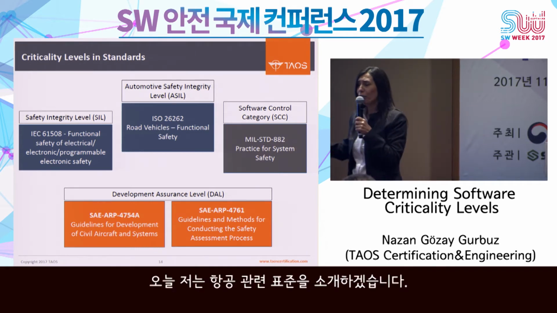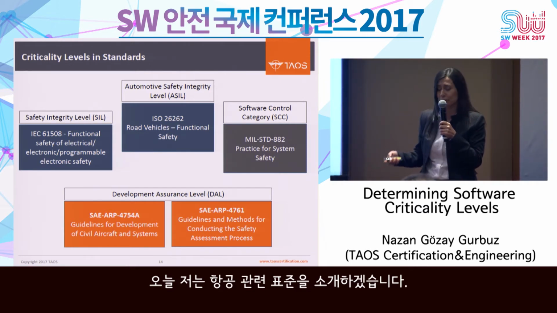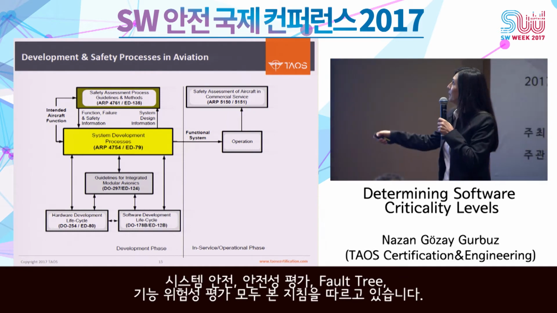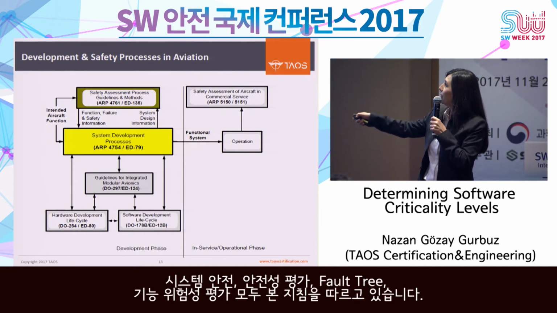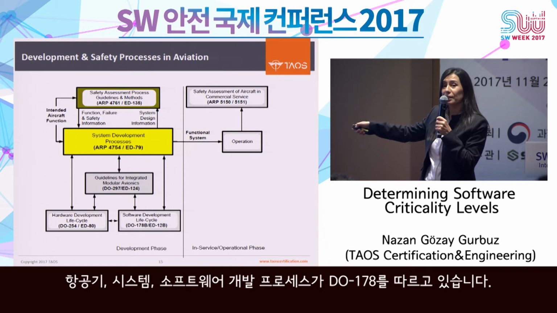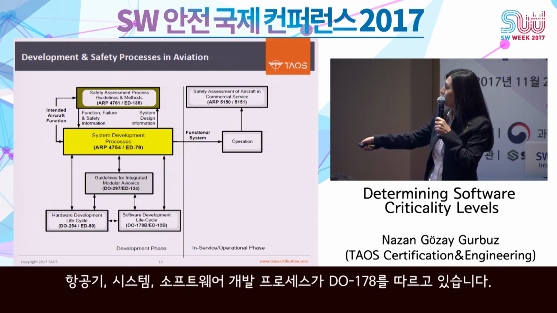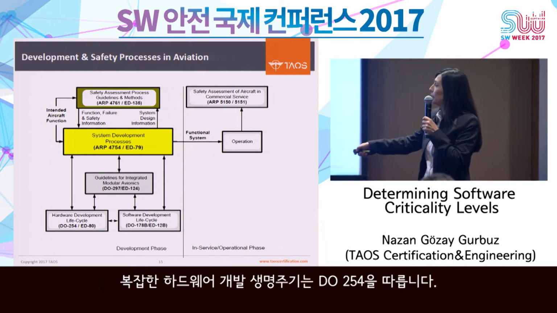Today, I will talk about aviation best practice. Here is a connection: system safety, safety assessment, fault trees, and functional hazard assessment identified by these guidelines. And the system development process: aircraft and system development process, the software development lifecycle, DO-178, and the complex hardware development lifecycle, DO-254.